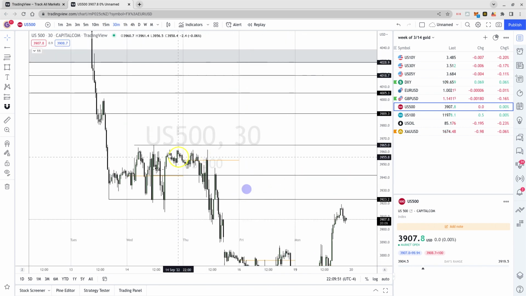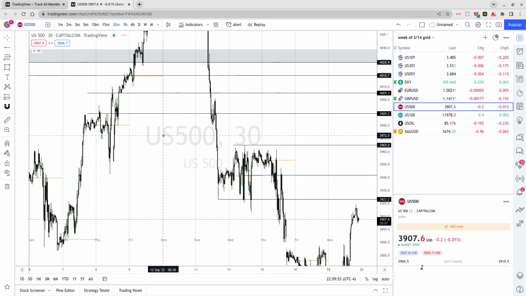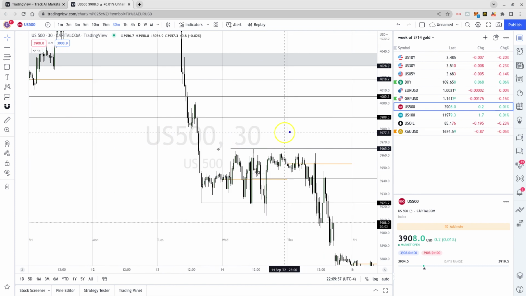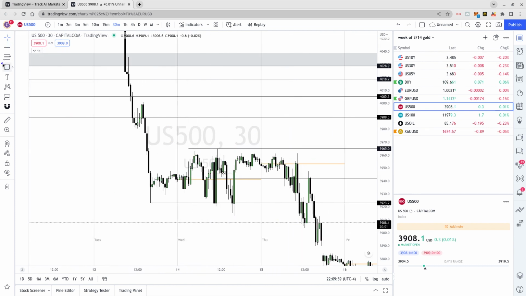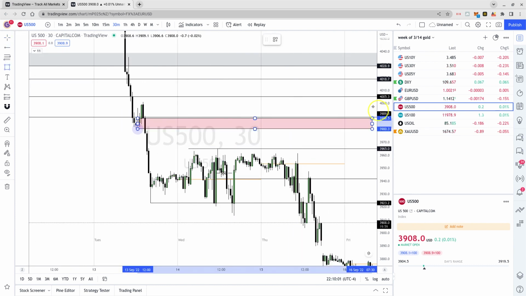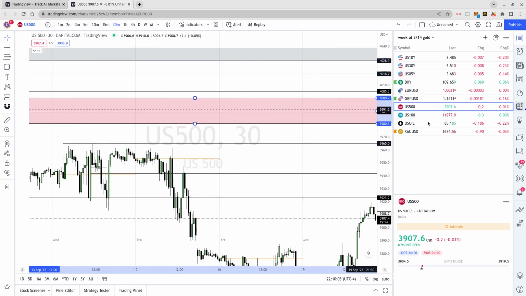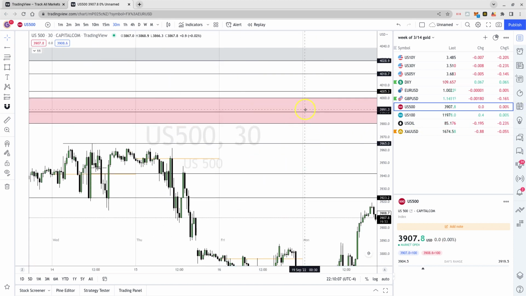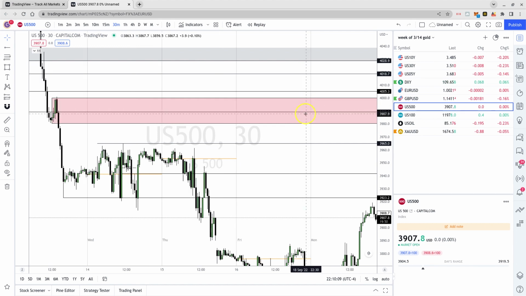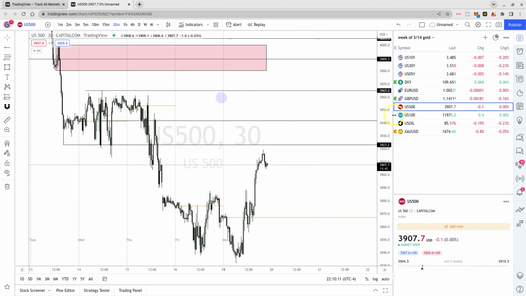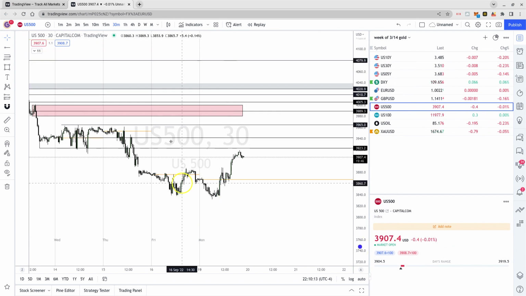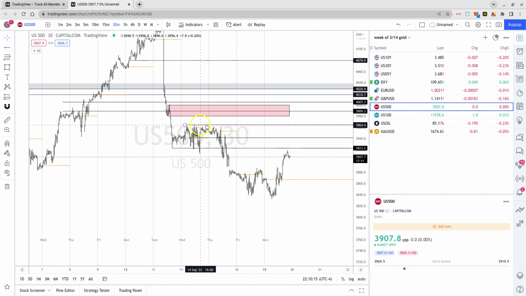Sorry about all the lines. Kind of like this because here's that true order block. Okay, 3990. So we'll see if price will get here above these equal highs.